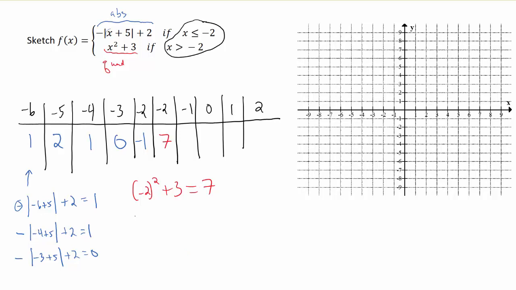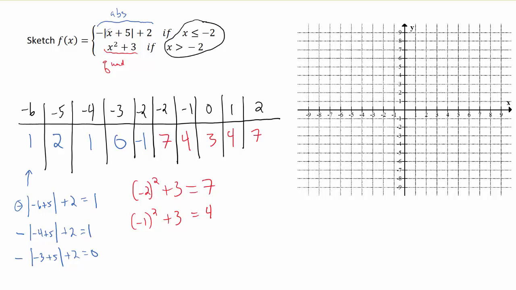Substituting -1, I would have -1 squared plus 3. That would be 1 plus 3 is 4. All right, substituting 0, 0 squared plus 3 is 3. Substituting 1, 1 squared plus 3 is 4. And 2 squared plus 3 is 7 again. And again, I'm expecting a parabola from that.